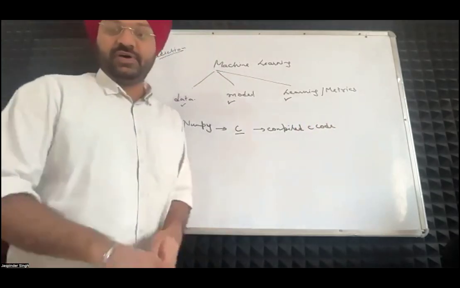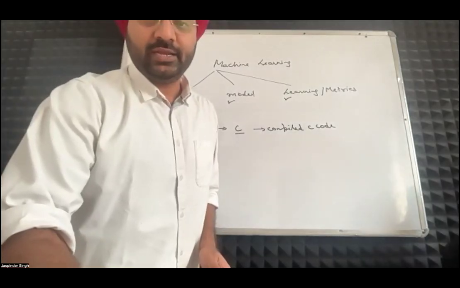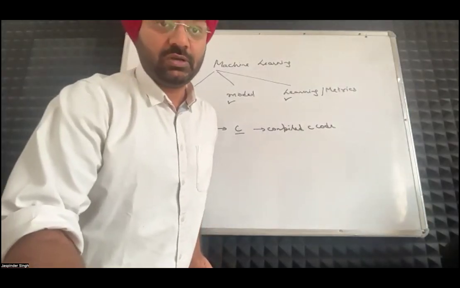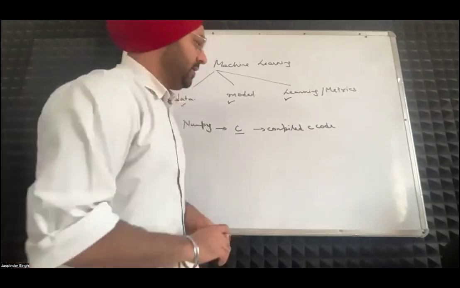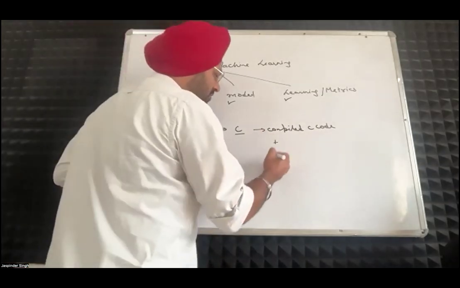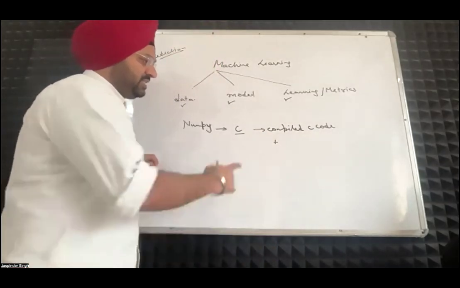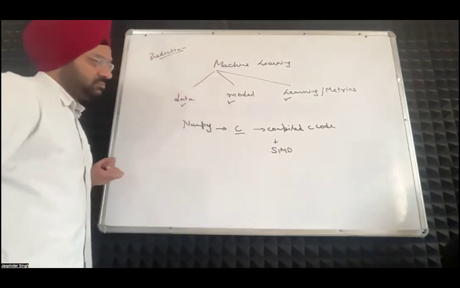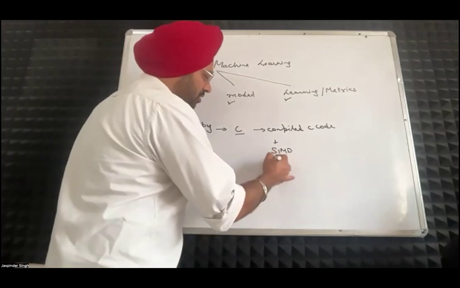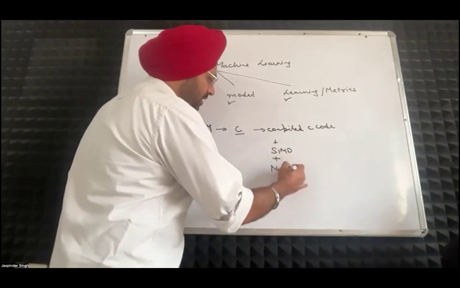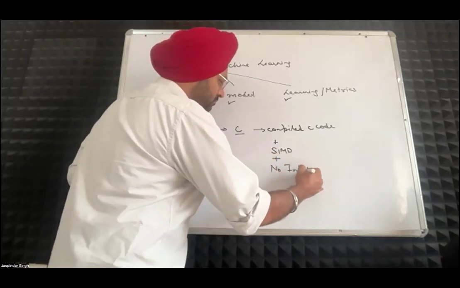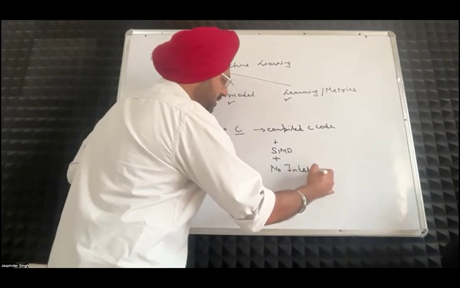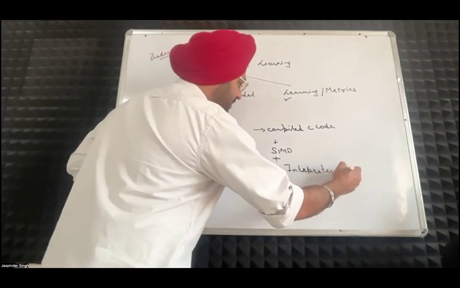If I have to write four things about NumPy, then it is compiled C code, plus SIMD. The next thing is no interpreter, because it's compiled already, unlike Python.